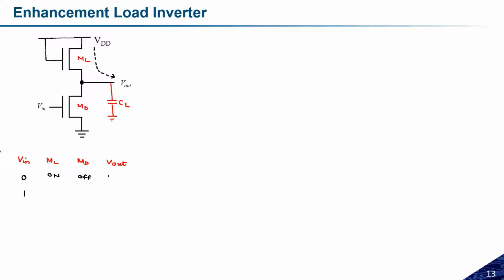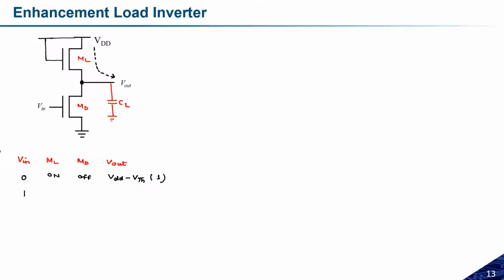We were expecting to get the output VDD, but because we have used the NMOS transistor, there will be a threshold voltage drop, and the output is VDD minus VTH. Okay, so this is the output which we will receive. Of course, this VDD minus VTH is definitely on the higher side, so we can say that this is logic 1.